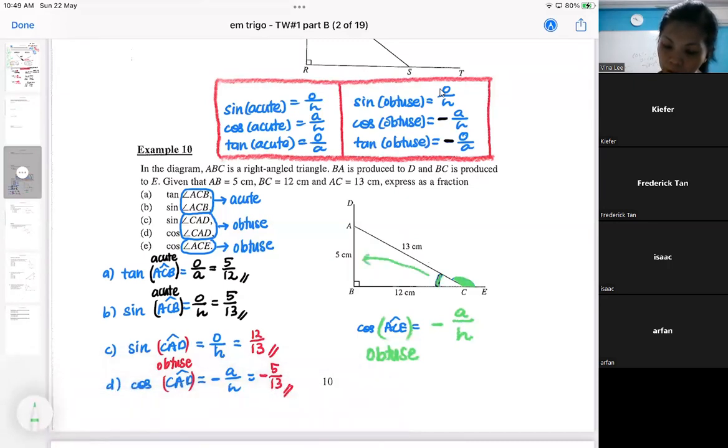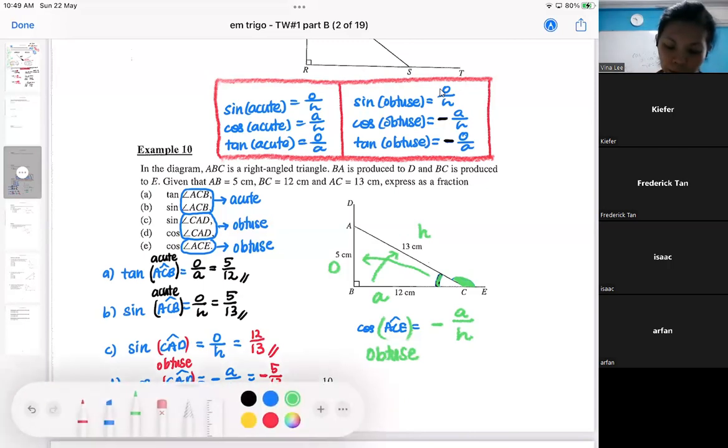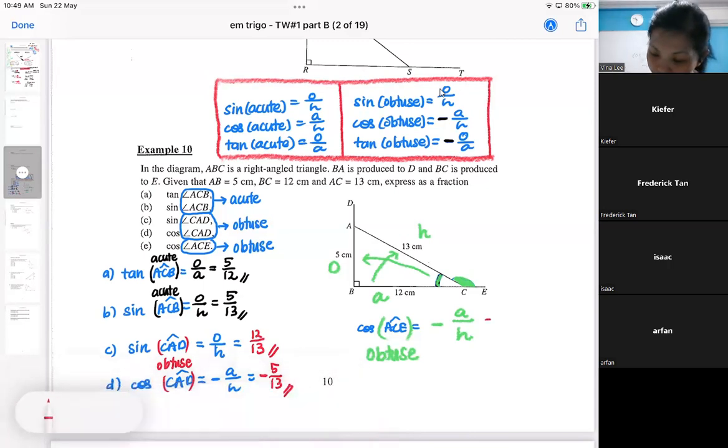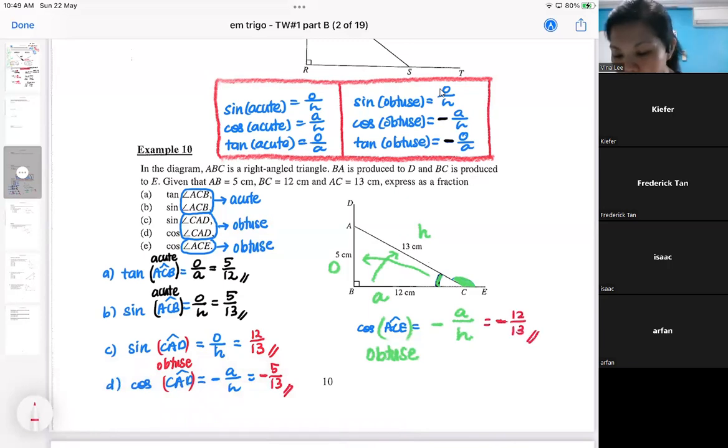So that will be the OAH. If you borrow, you will get 12 over 13. So there's no calculation. Everything is just looking for the right ratio, whether it comes with a negative or not.